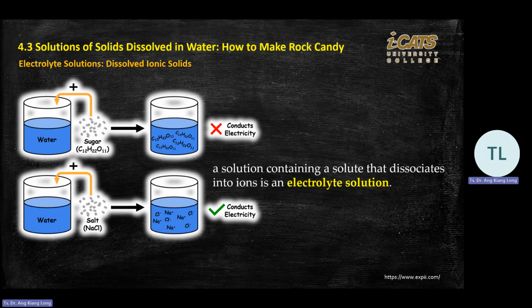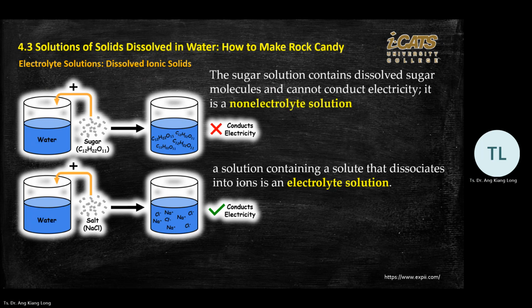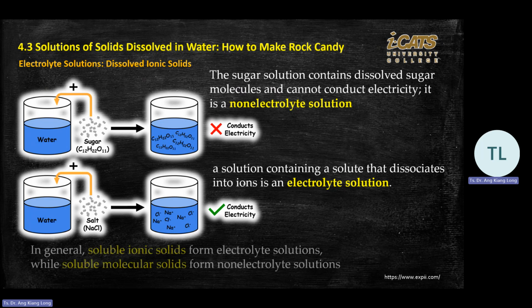So if you have a solute that can break into ions, then you can form an electrolyte solution. Sugar is not an electrolyte solution. This is just to recap what is an ionic solid and what is a non-ionic or covalent bonding solid.